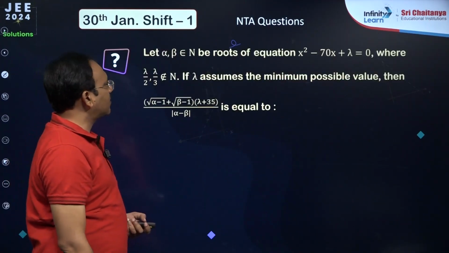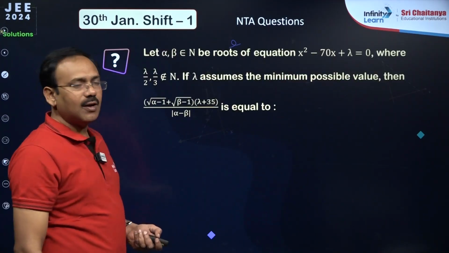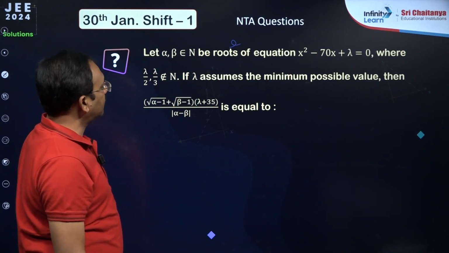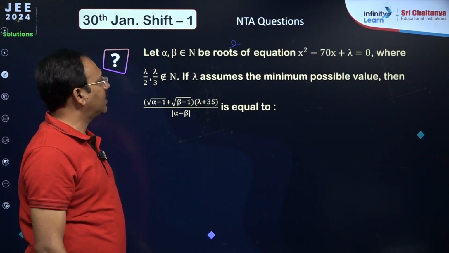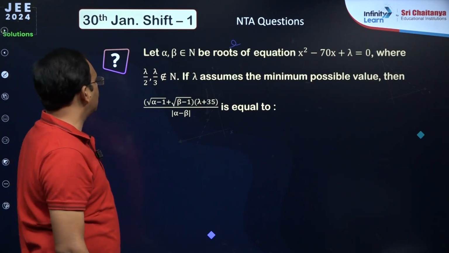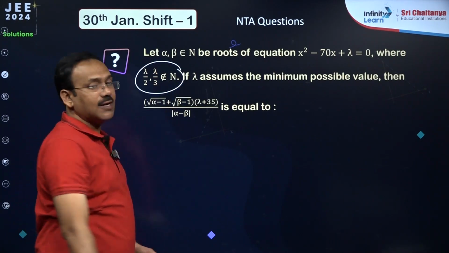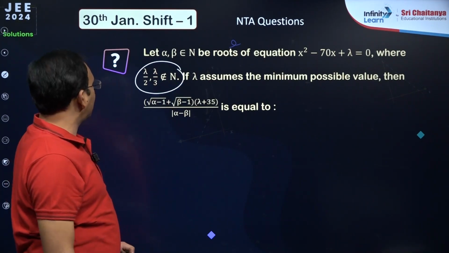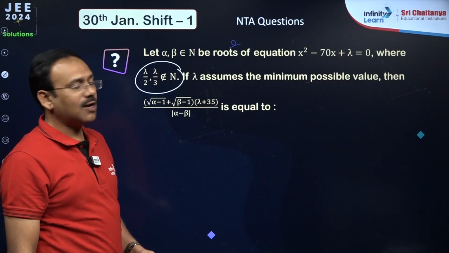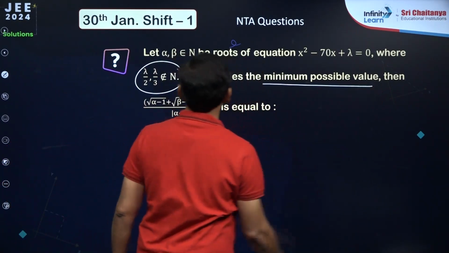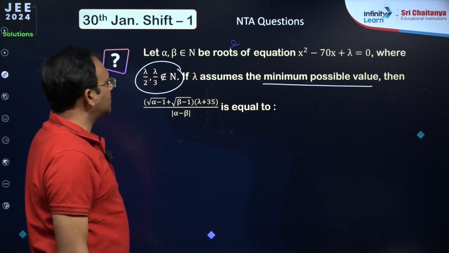Next, you see this particular question: alpha, beta are natural numbers, and given that they are the roots of the equation x² minus 70x plus lambda equals 0, where lambda/2 and lambda/3 are not natural numbers. That means lambda is neither divisible by 2 nor by 3, but we have to find the minimum possible value of lambda, then he is asking.